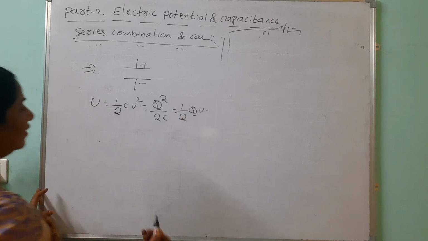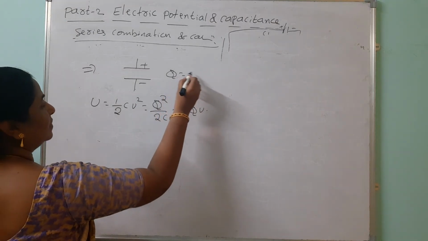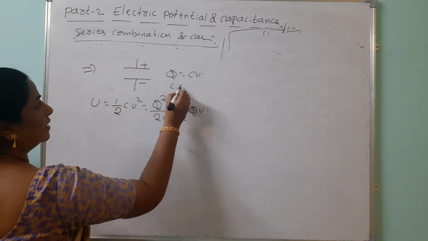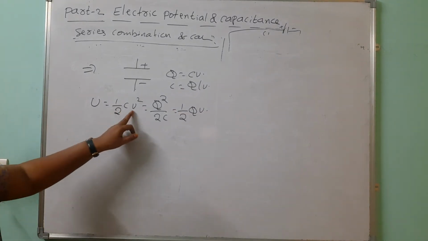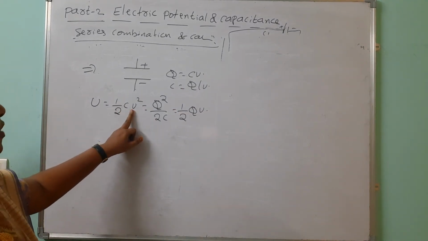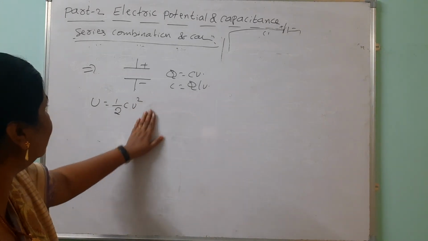There are different formulas. See, you know the base: Q equals CV, or C equals Q by V. So in this case half CV square.